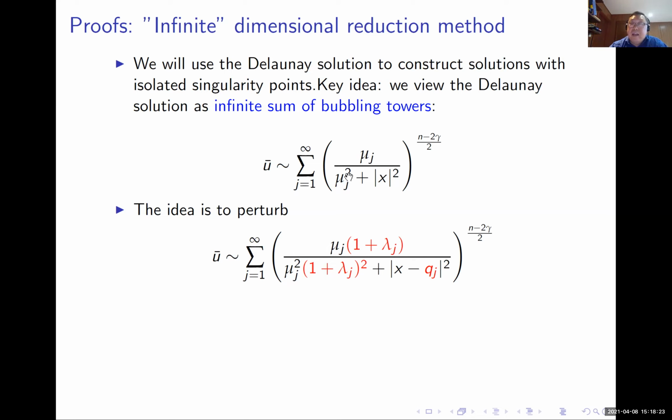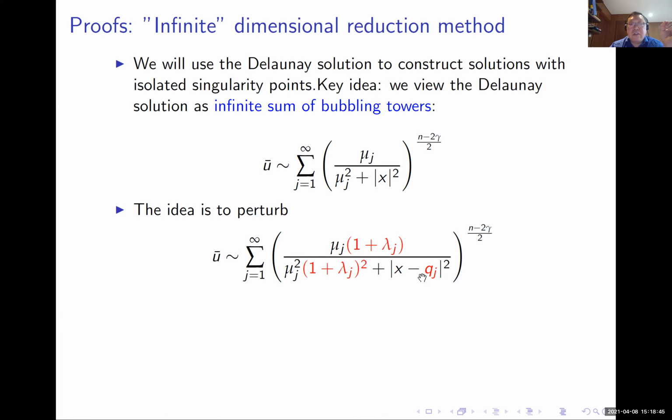Now if you have two isolated singularities, you have two sets of infinitely many bubbles, and what you need to do is to perturb each of the bubbles in the scaling parameter and in the translation parameter. So you have to perturb all these bubbles.